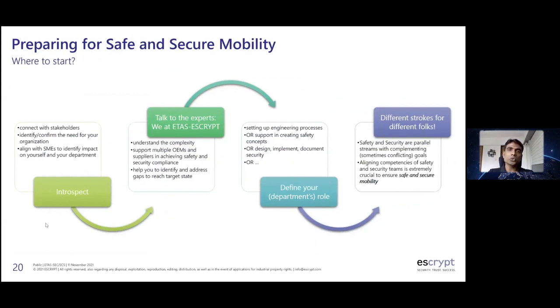Define your organization's role, and your role specifically could be safety concept creation, security design development, or aligning processes between safety and security, ISO 21434 or 26262. And then acknowledge that aligning the competencies for safety and security is very crucial to really release safe and secure vehicles.